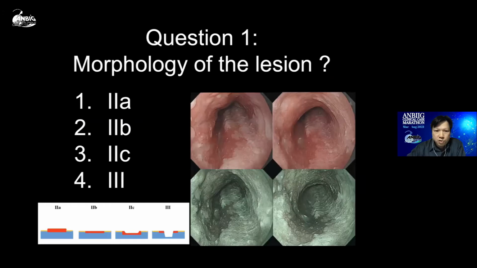So question one is, what do you think the morphology of the lesion is? I give the reference of the Paris classification. What kind of morphology do you think this lesion is? Please vote.